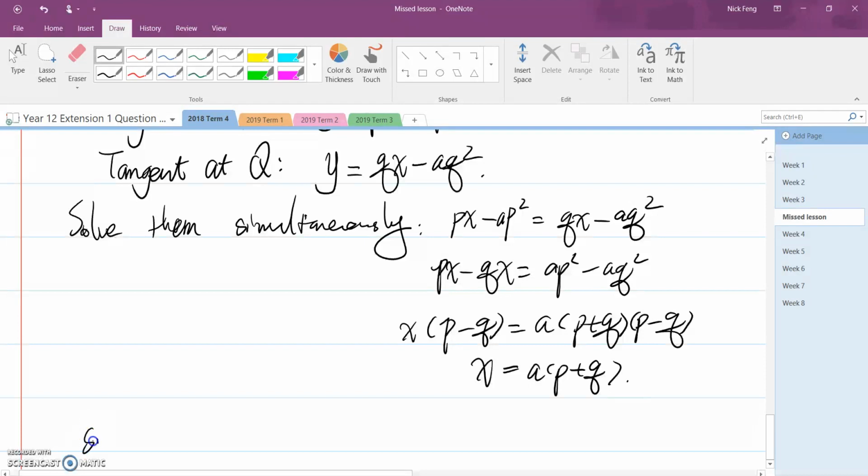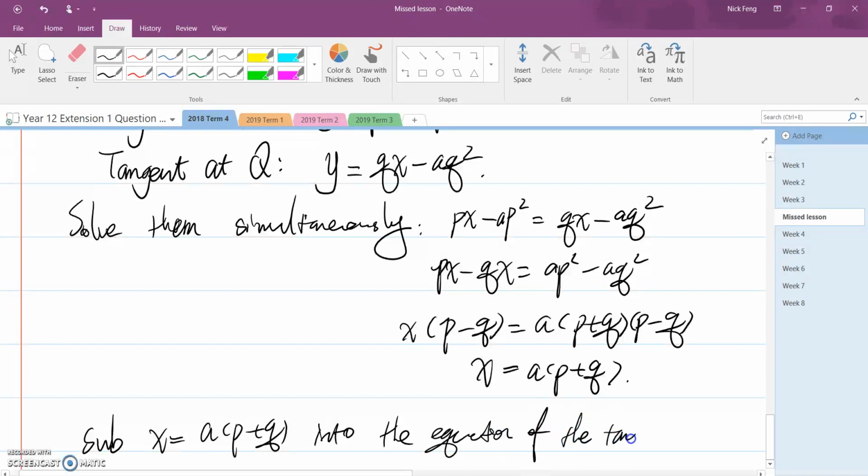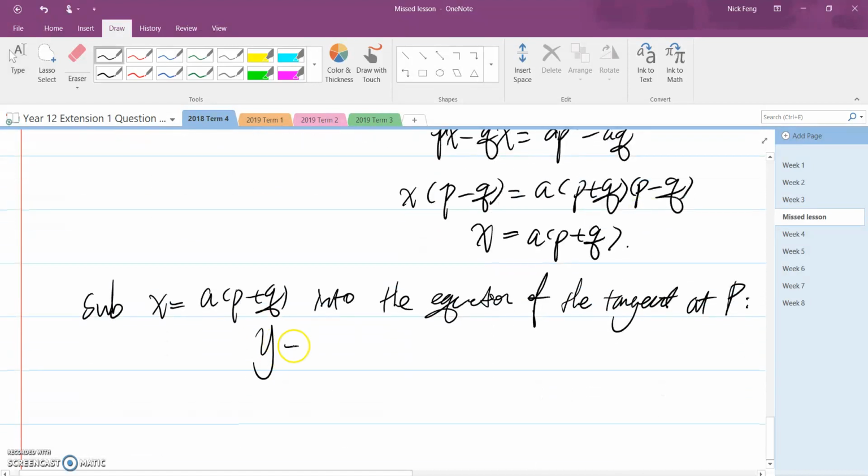And then sub x equals a(p plus q) into the equation of the tangent. Either one will work. I'll just get at p. That is y equals px, x is this one, a(p plus q), minus ap squared.